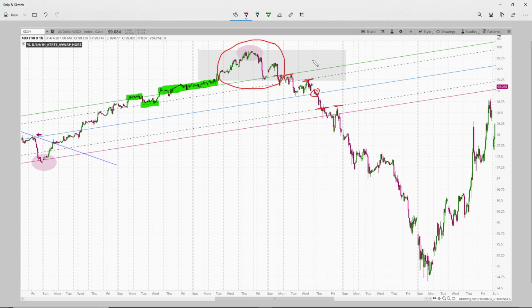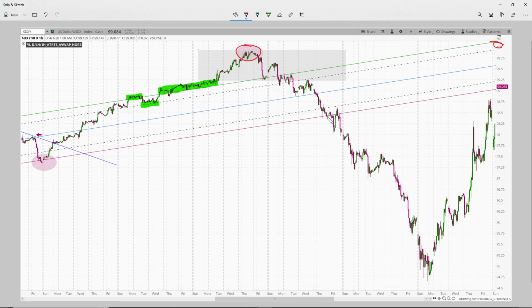Bulls might have pushed too far into this, and we're upward near 100 anyway, and bears are saying this is too good of an opportunity to not take advantage of. So right up in here, you've got to be thinking sell.